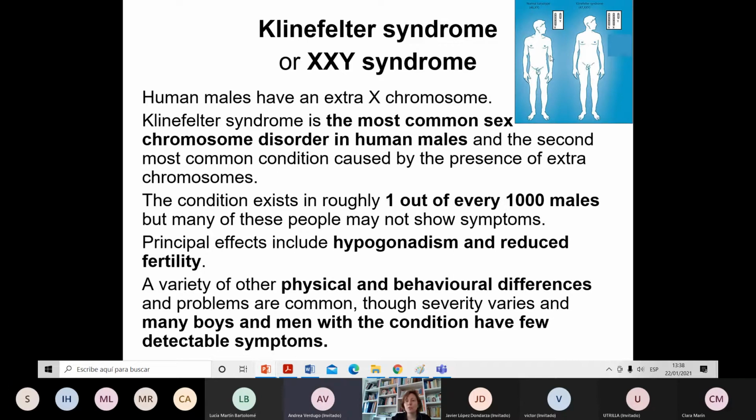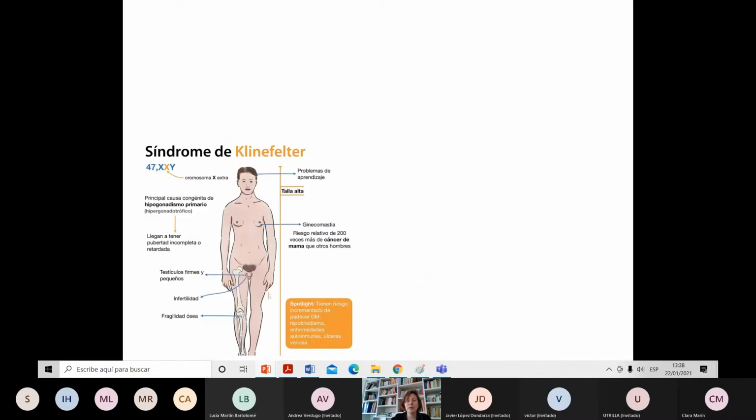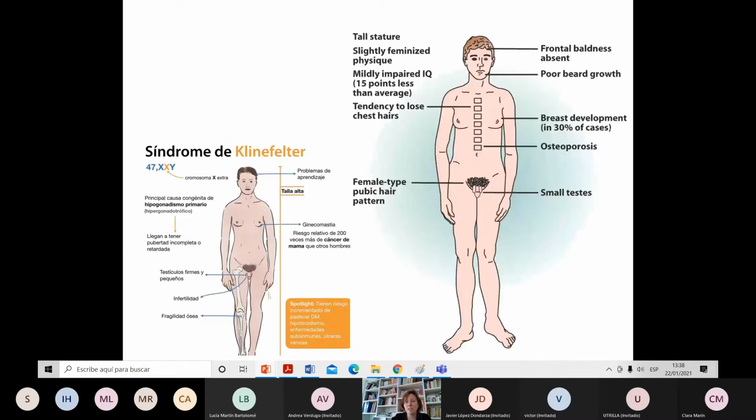It's going to belong to a boy, and we are going to see that the physiology, the appearance of this boy is going to be a little bit special, but not very rare. They're going to be a little bit taller than the average. The baldness in them is not so rare, but they have very poor beard.